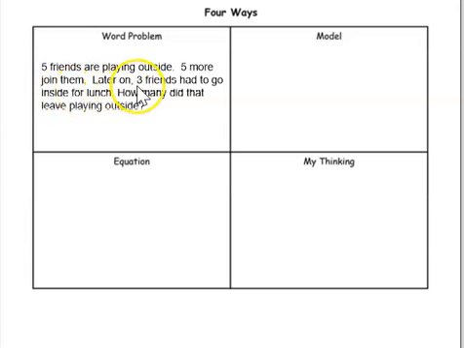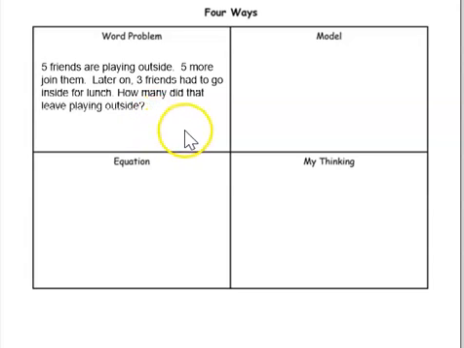Later on, 3 friends had to go inside for lunch. How many did that leave playing outside? So let's think about what those numbers represent. What does the 5 mean? That's right, they're friends that are playing outside.